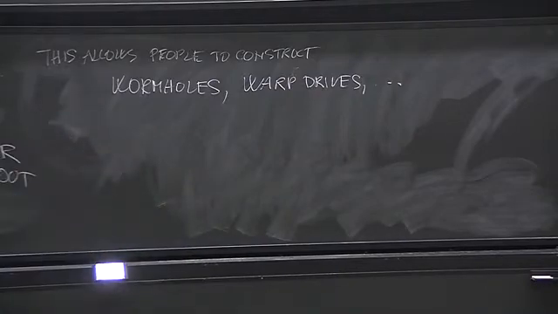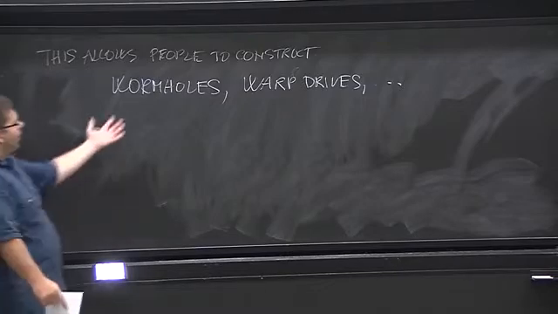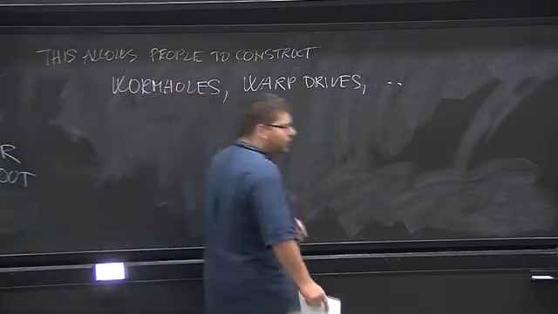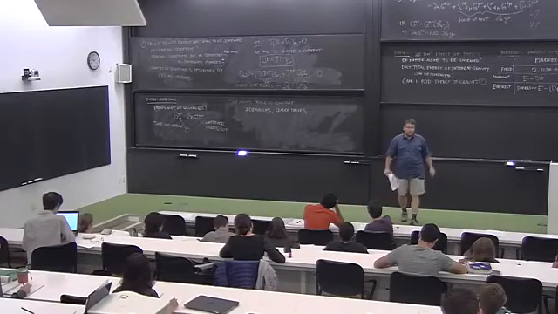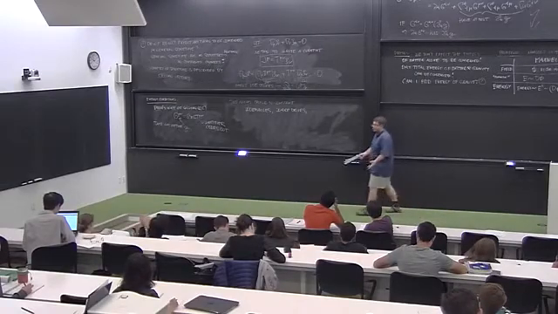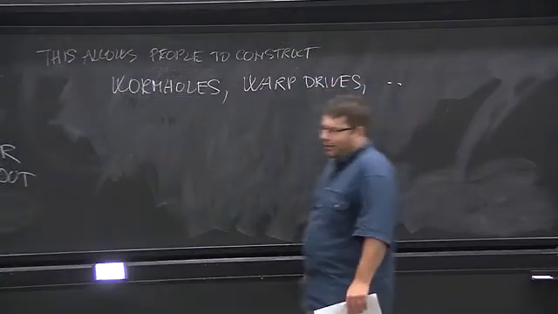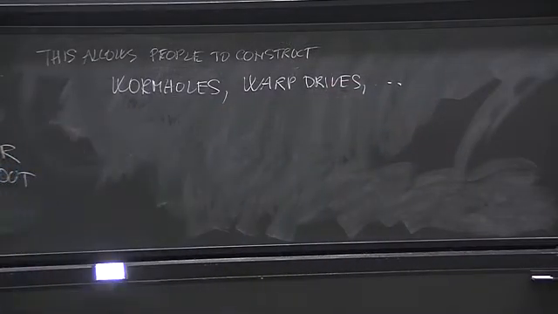If I want to get a wormhole, I'll write the metric for the wormhole, just plug it into the Einstein equations, and I find the corresponding energy momentum tensor, which is the source of this. Or I can form a warp drive, or I can do anything.